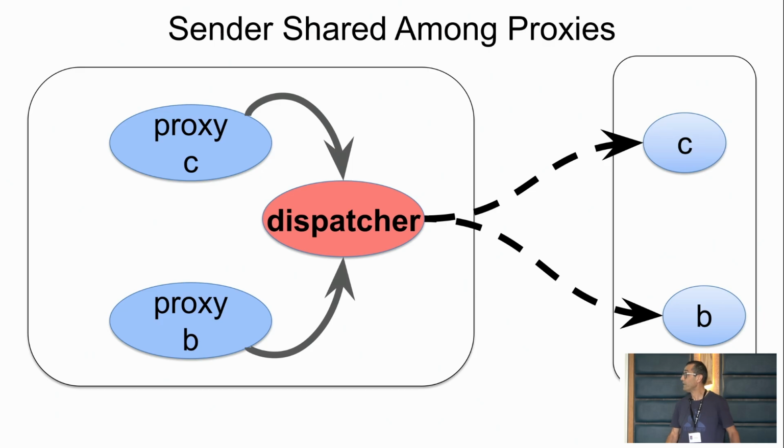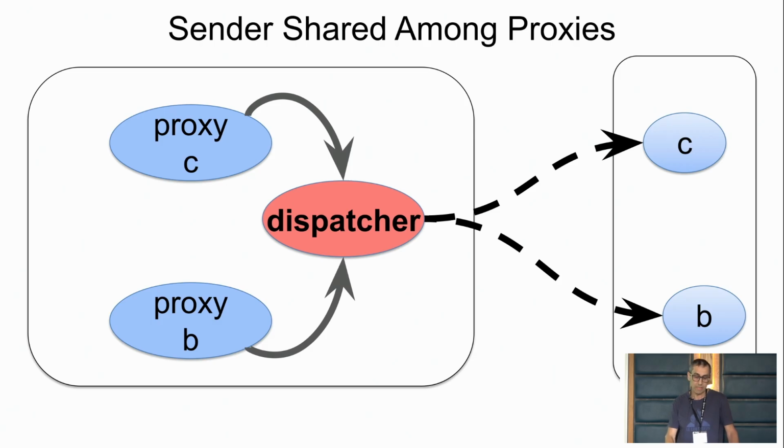And if we have different remote objects, meaning we have different proxies, but since the remote objects are on the same side, in the same image, the proxies share one dispatcher. This is because the dispatcher is in charge of the networking, and it's not specific to one proxy.